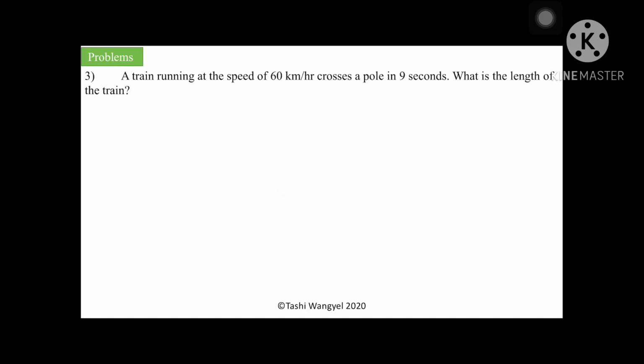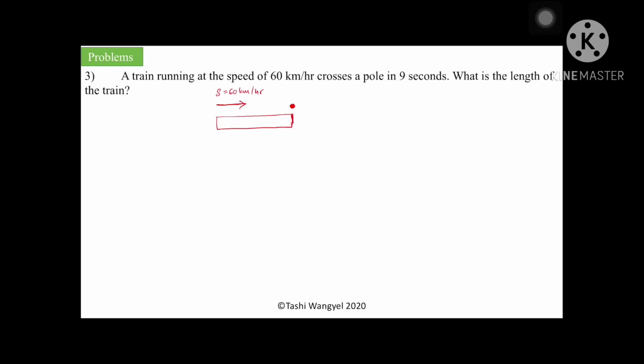We have a pole and a train. A train running at a speed of 60 km per hour crosses a pole in 9 seconds.